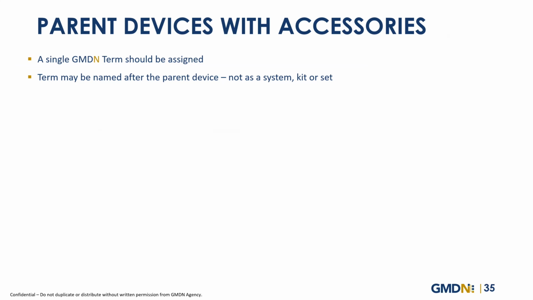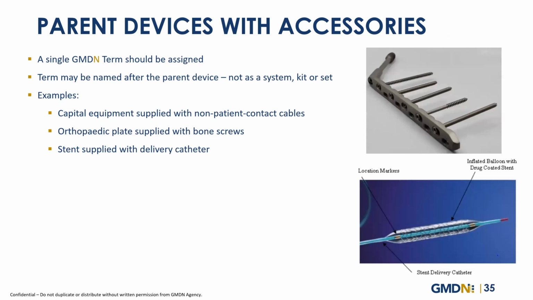Examples of these configurations can be capital equipment, such as monitors that are supplied with non-patient contact cables, or orthopedic implantable plates, as you see in the picture on the right, that are supplied with bone screws under the same product code, or implantable stents that are supplied with a catheter that delivers the stent.